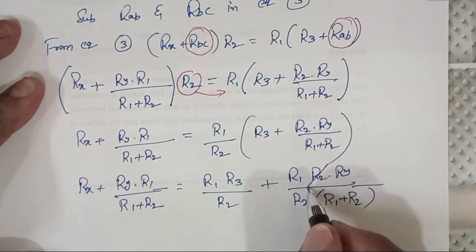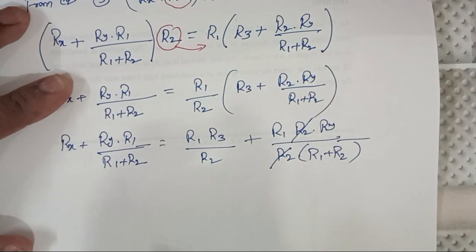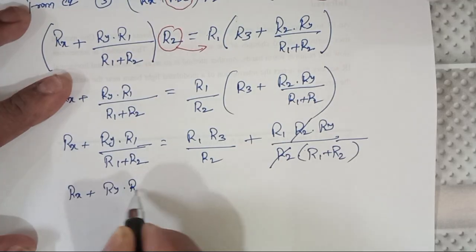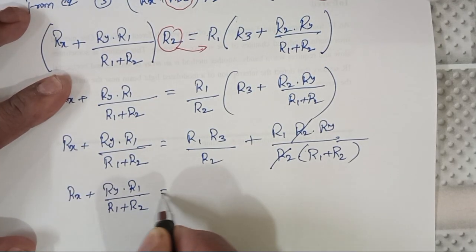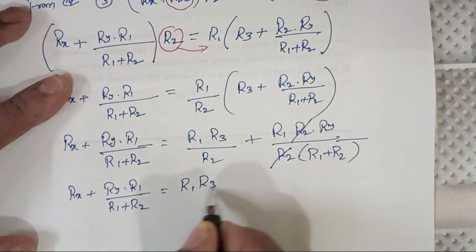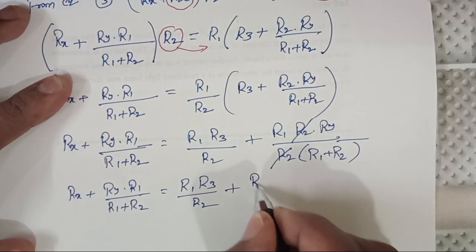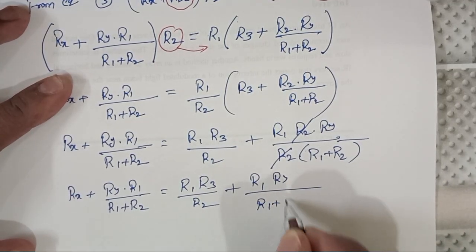Look at here, this R2 will get cancelled. Then I'm getting Rx plus Ry into R1 by R1 plus R2 is equal to R1 R3 by R2 plus R1 Ry by R1 plus R2.